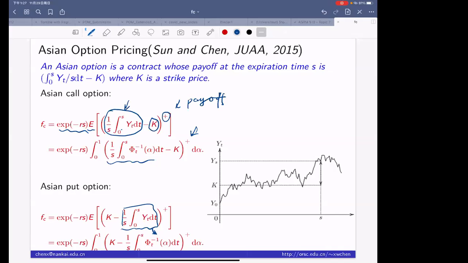So it's very interesting. This method is very popular, and a lot of professors have used this method to study plenty of option pricing problems. They publish a lot of papers.